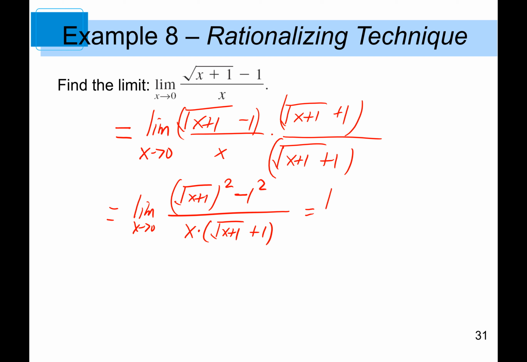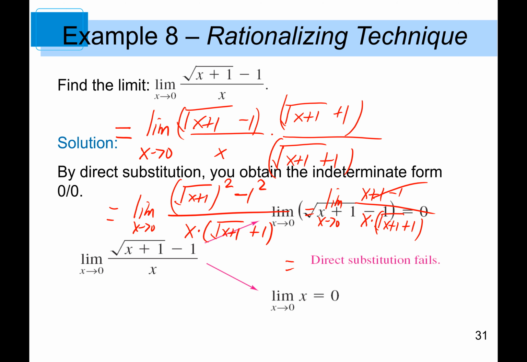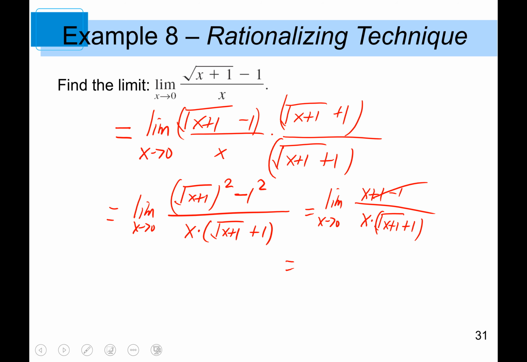Now the numerator becomes x plus 1 minus 1. The denominator stays as it is. You cancel the 1. Now you can cancel the x, right?